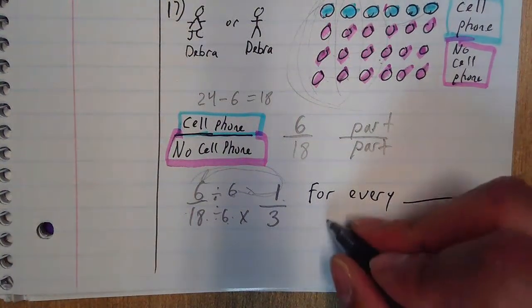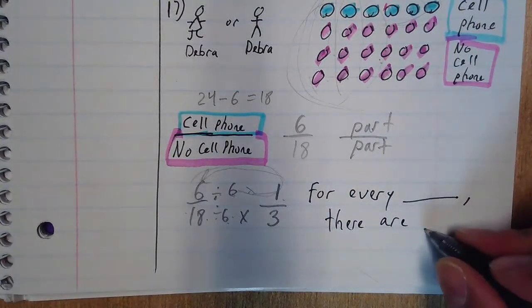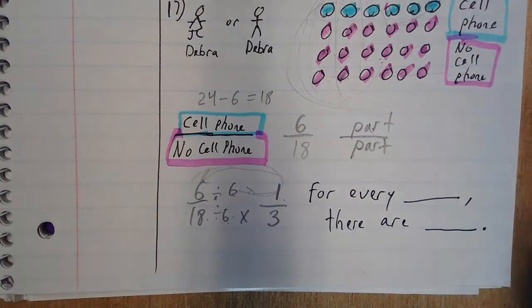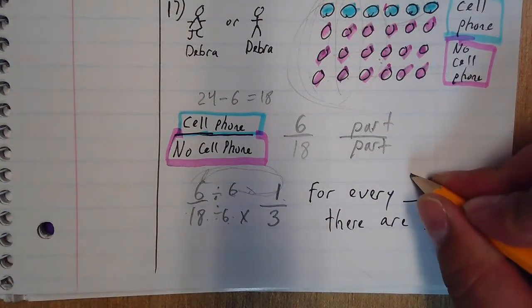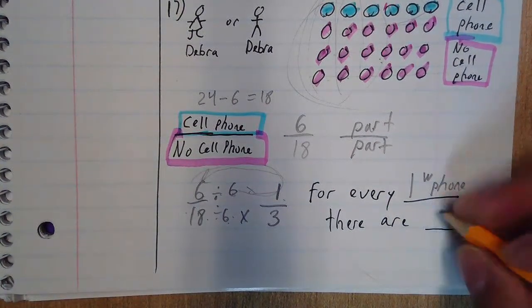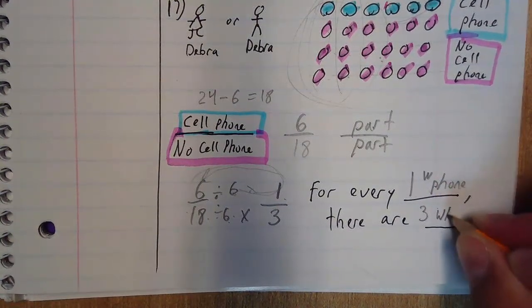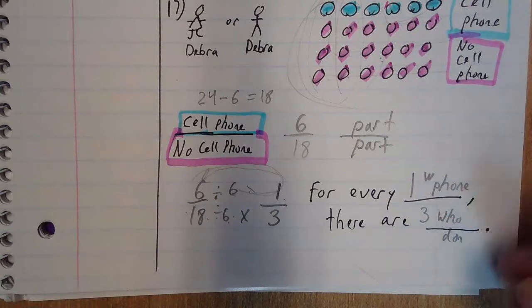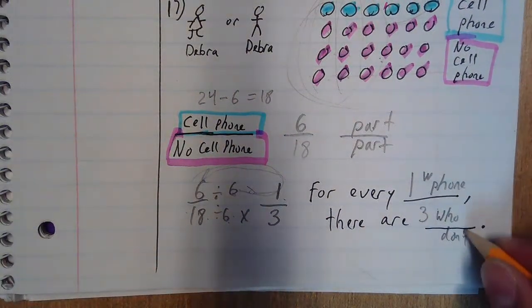Guys, if I'm being weird, I'm trying to make this fun for myself because I just like it. Why not? All right. So for every one person with phone, there are 3 who don't have a phone. Or you can say 3 with no phone, whatever it takes, but you get the idea, who don't have one.